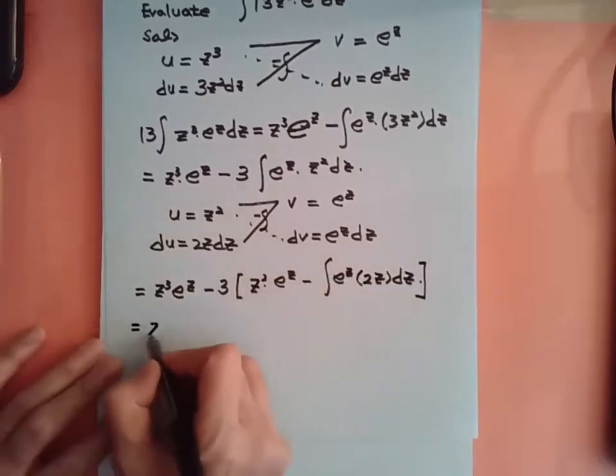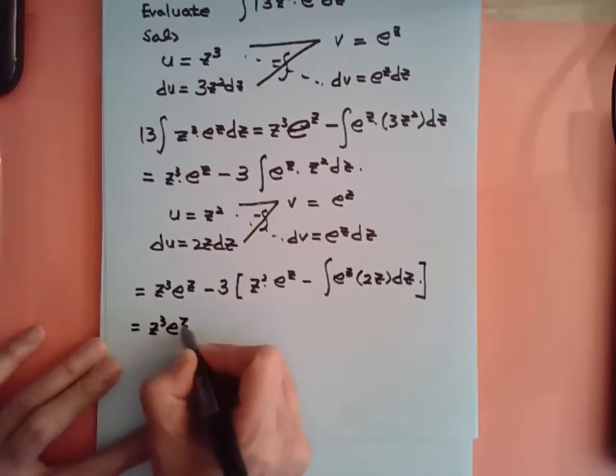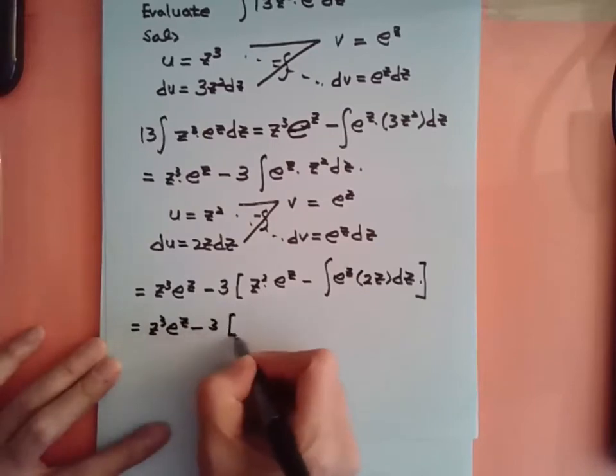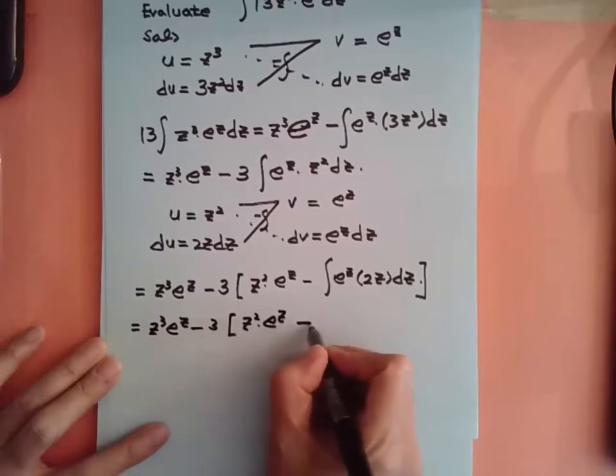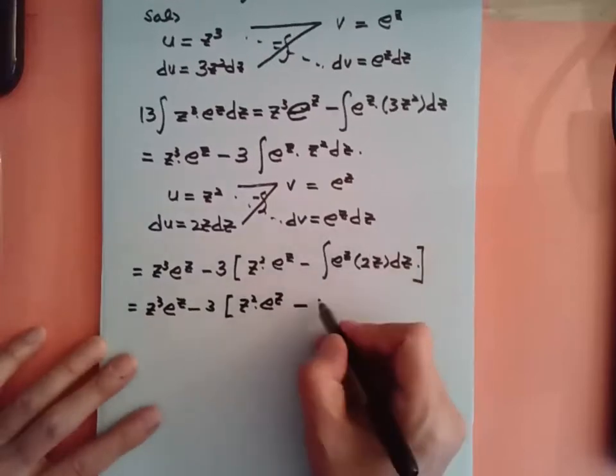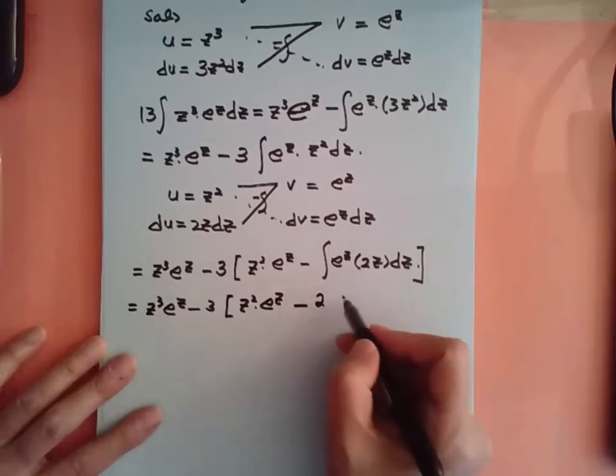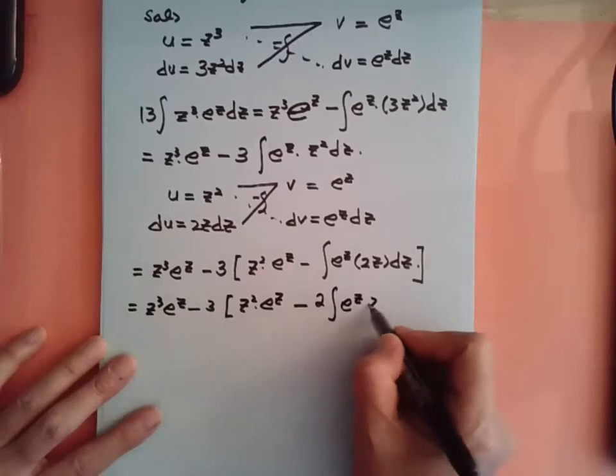So this one is z cubed e to the z minus 3 times z squared times e to the z minus, we can pull out that number here, 2 integration e to the z times z dz.